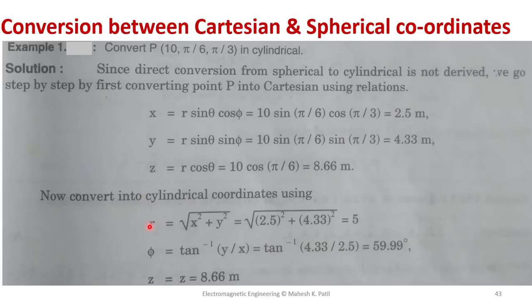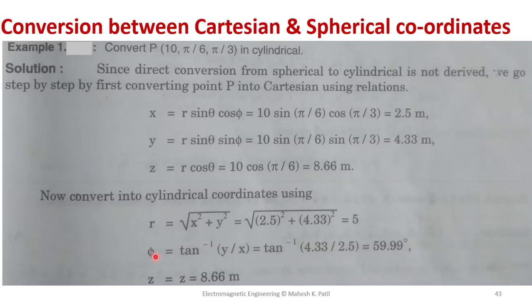So we can use the conversion equations. So r is equal to square root of x square plus y square. So it will be square root of 2.5 square plus 4.33 square. If you simplify this, you are going to get this answer as 4.99. So approximately it is 5.